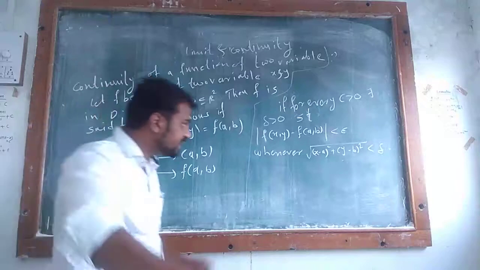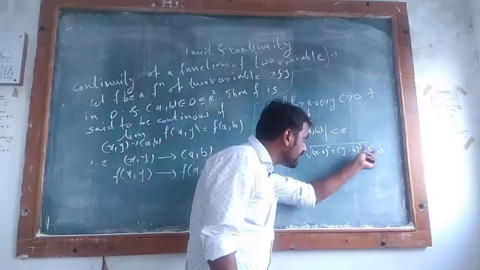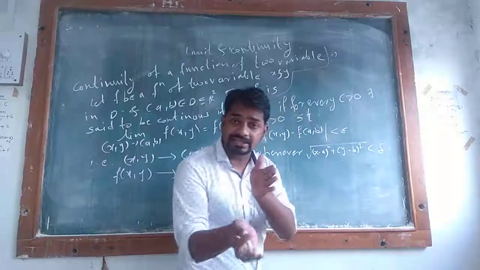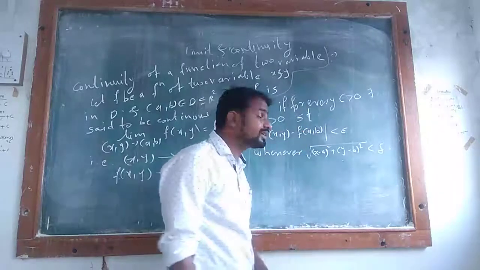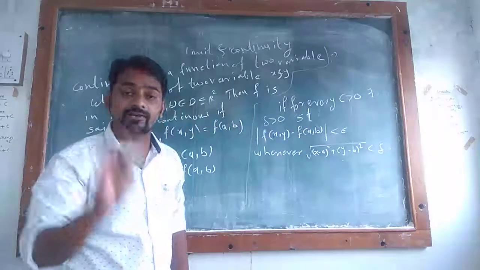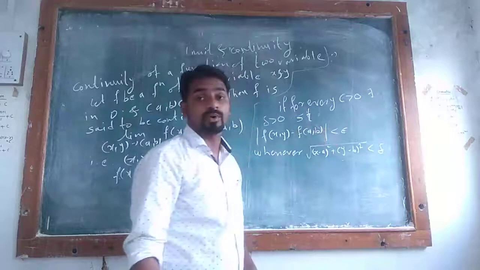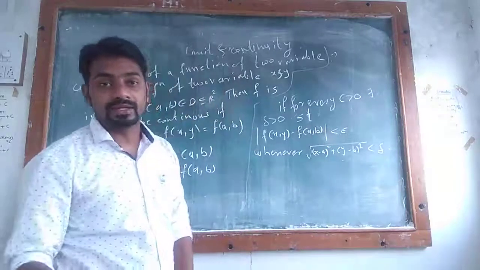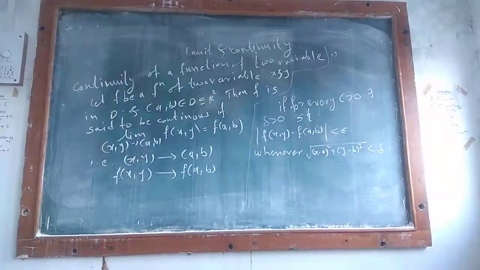That is, if the distance between (x, y) and (a, b) is very small, less than delta, then the distance between f of (x, y) and f of (a, b) is very small. Then this function f is said to be continuous at point (a, b).